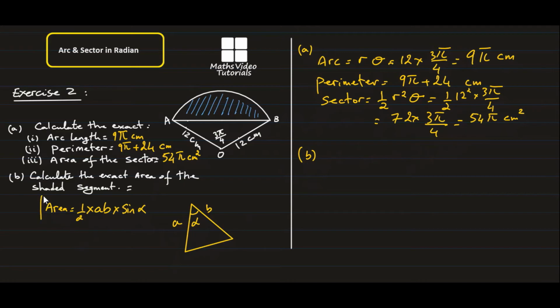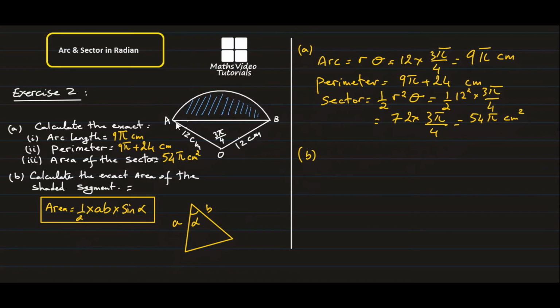That is the formula if you want to calculate it using the angle. We're going to use that because we've got A and B, they're both the same, they're the radius, and the angle is this one here.